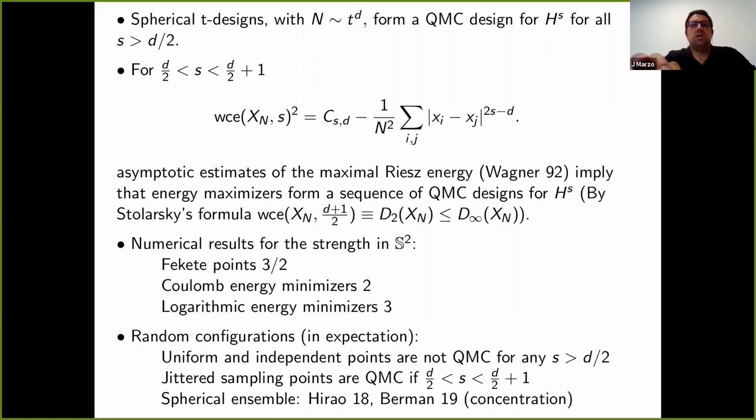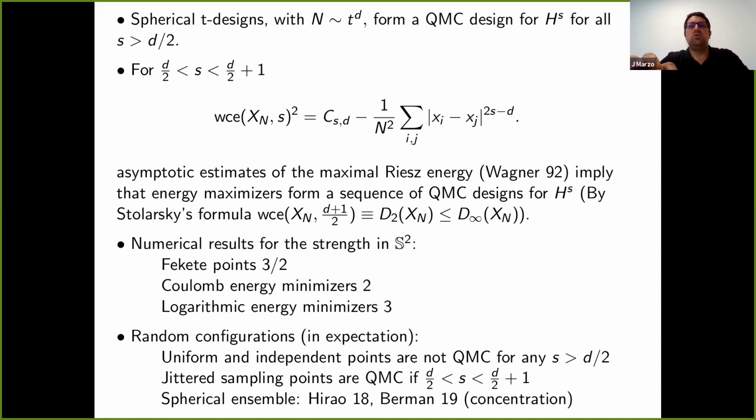Using previous estimates for the energies by Alishahi and Zamani, it was proved that they have the same scope as this jittered sampling, from 1 to 2 when s equals 2. Okay.